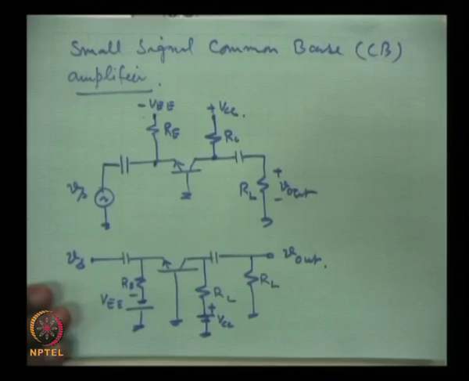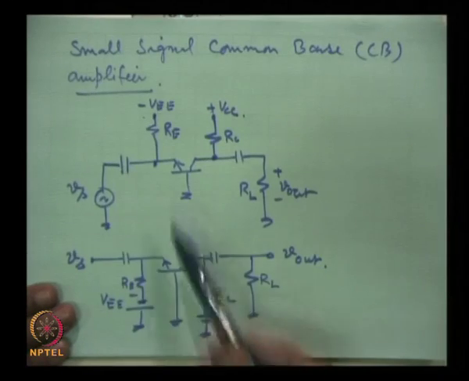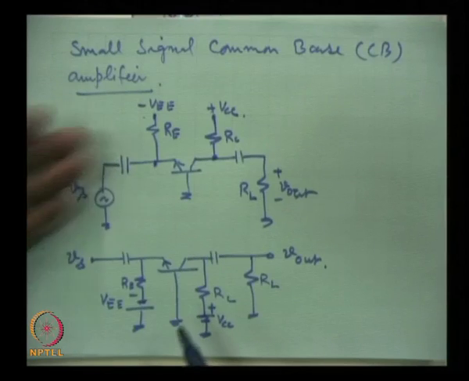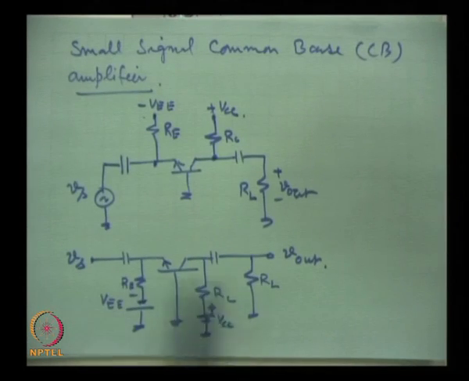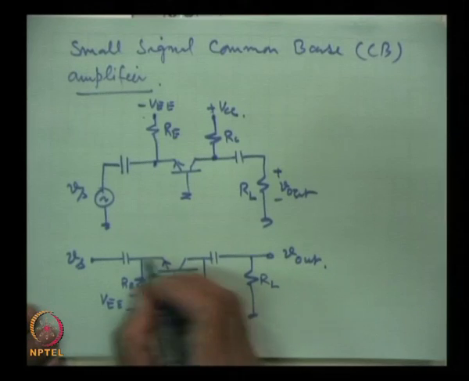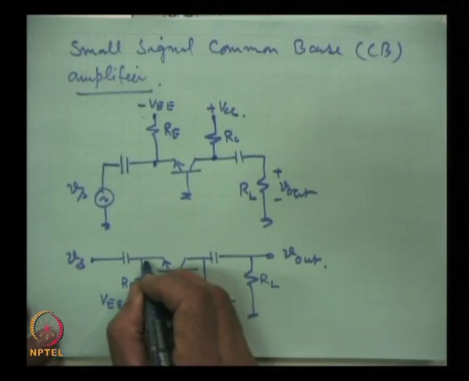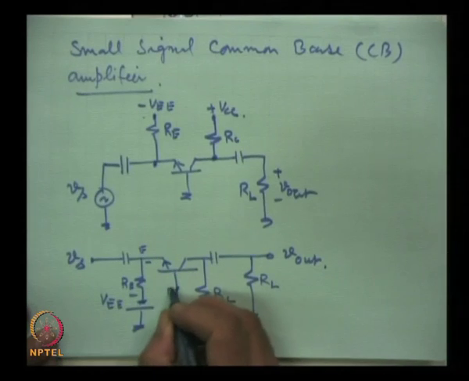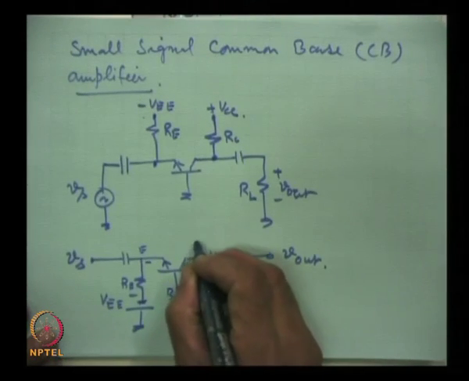So, this is the circuit which can be drawn either in this fashion or in this fashion. Here, this is emitter lead E, this is base and this is collector.